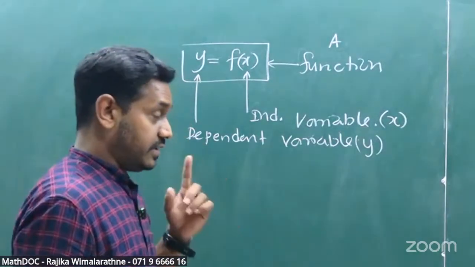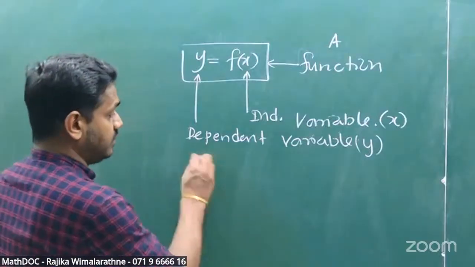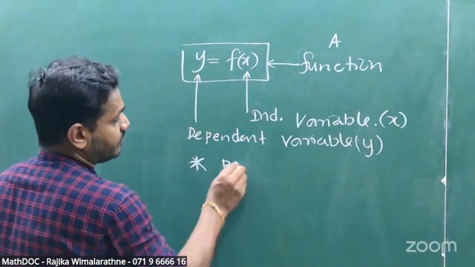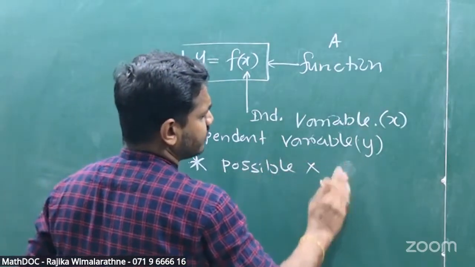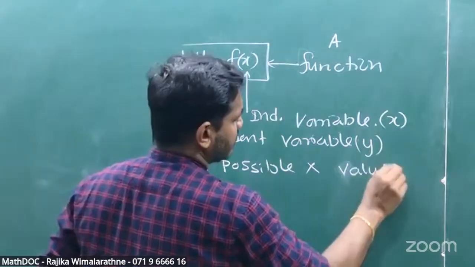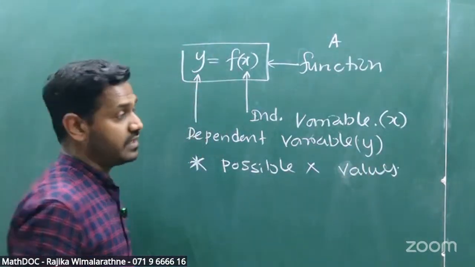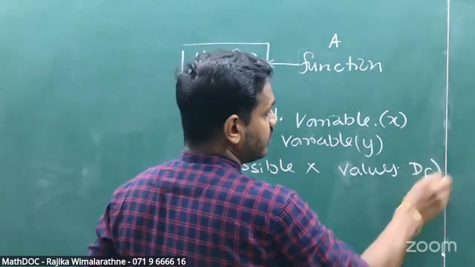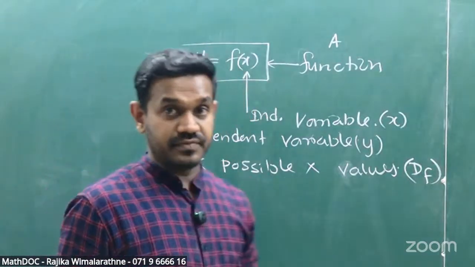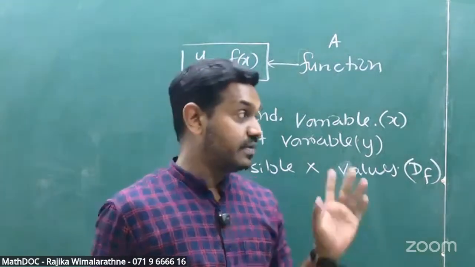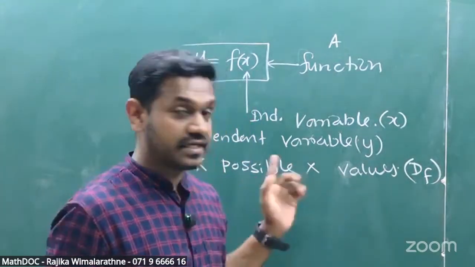Again, possible x values we call the domain. We denote it by Df. If you get any trouble, just let me know. You can drop me a message or call me. Just ask questions.